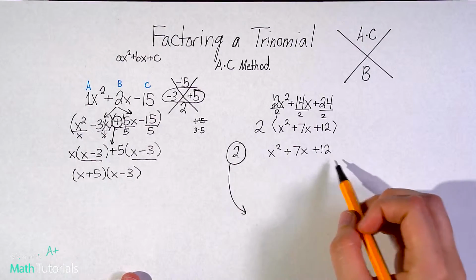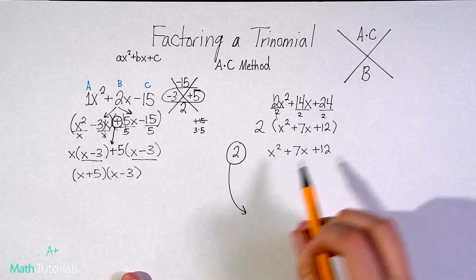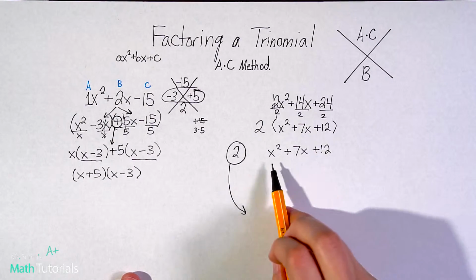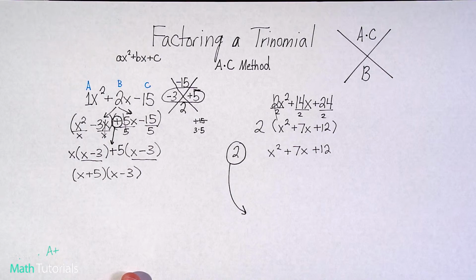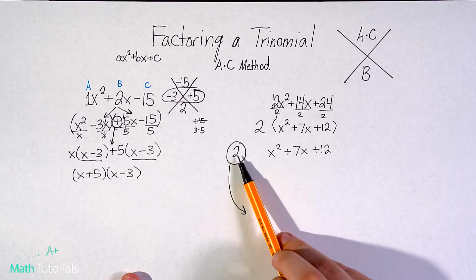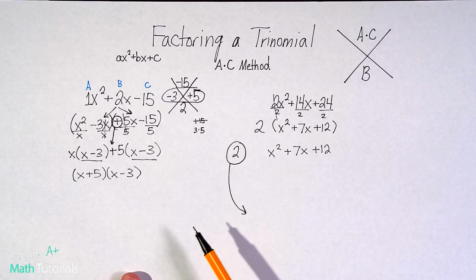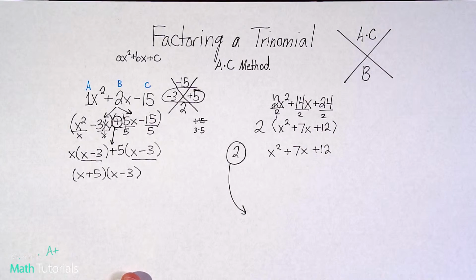Okay, now that I've factored out the GCF, I can go ahead and create my X box and determine how I'm going to change this trinomial into a 4-term problem. Now, a lot of students ask me, what if I forget? Like, what if I didn't notice that the 2 was there and I kept solving the problem? Well, technically, you can do that, okay?